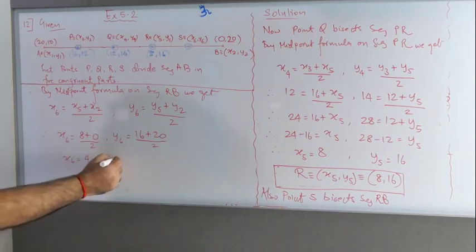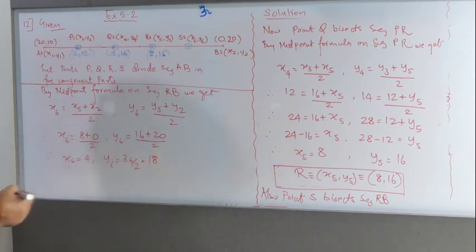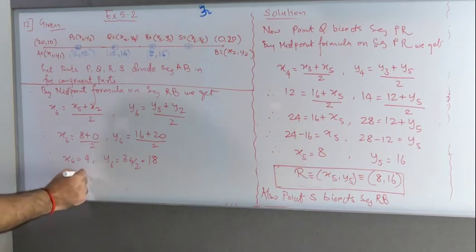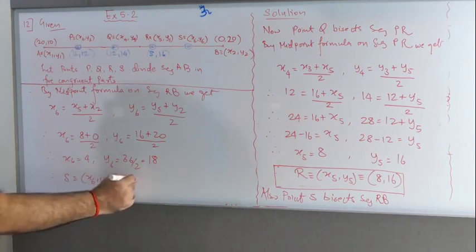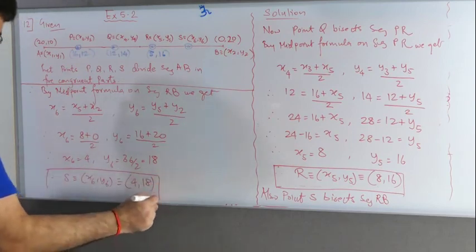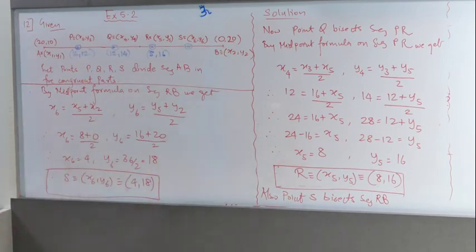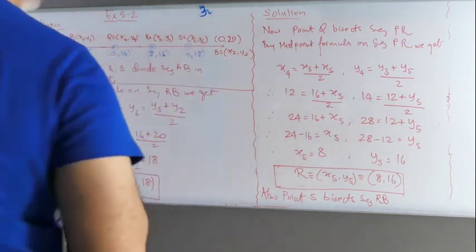What is y6? 36 upon 2, and that is 18. So finally, what's your answer? Therefore, S is equal to (x6, y6), which is (4, 18), and that gives you the fourth point. Okay, so you got the 4th point, and you can say I got this as (4, 18).